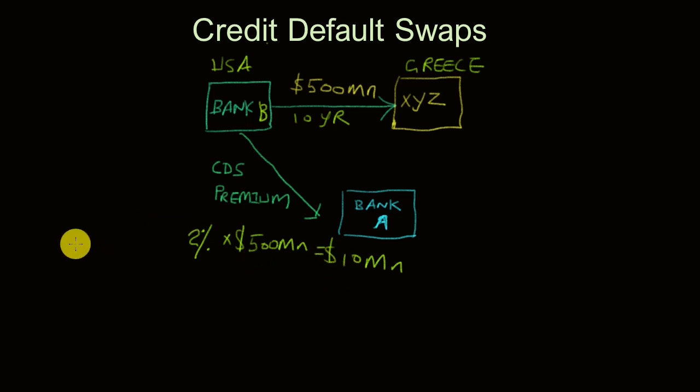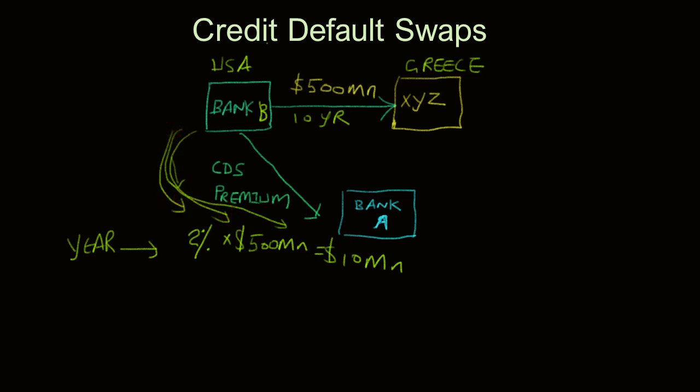So this is an annual payment. So you can think of a CDS just as an insurance policy. So that's the policy payment. So every year Bank B would pay Bank A $10 million. Every year this will happen.